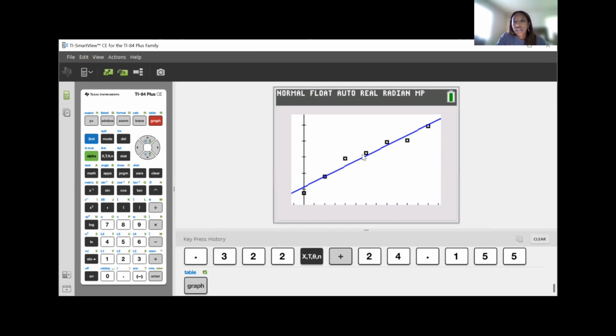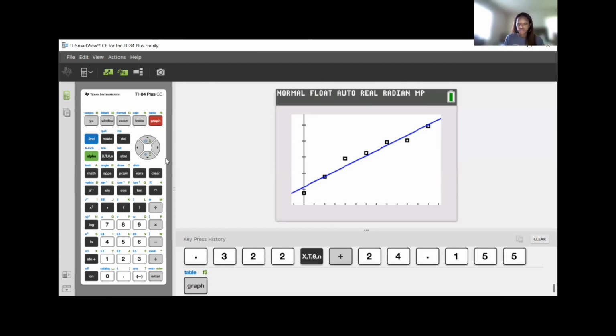The rest of them are really close. This one's super close, that one's super close, that one's really close. These ones are a little bit farther away, but still relatively close to the line. So we have a good fit if the points in our scatter plot are close to the line that we graphed, okay?